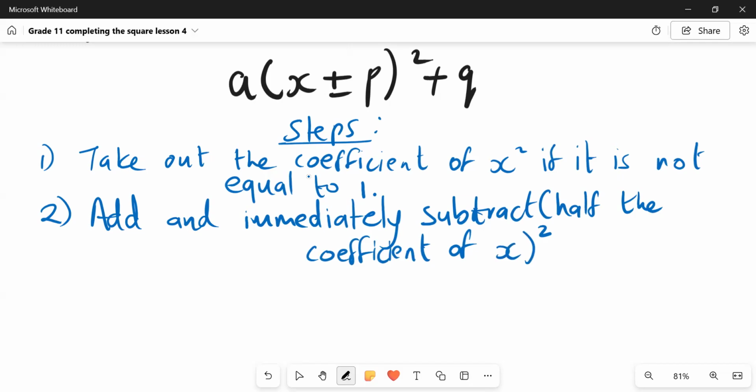You add and immediately subtract half the coefficient of x, and then you square.